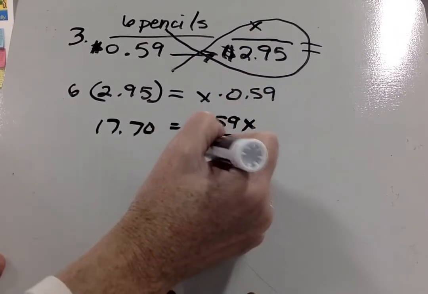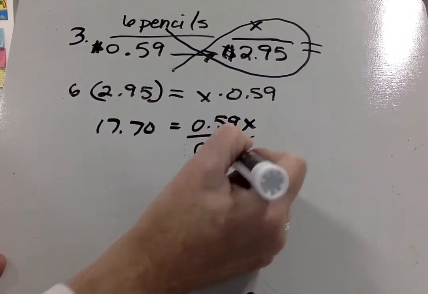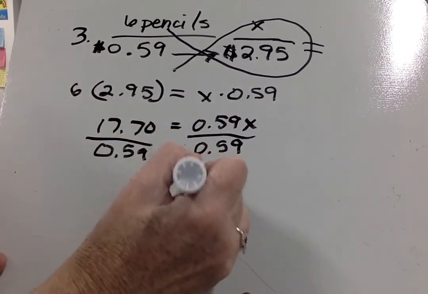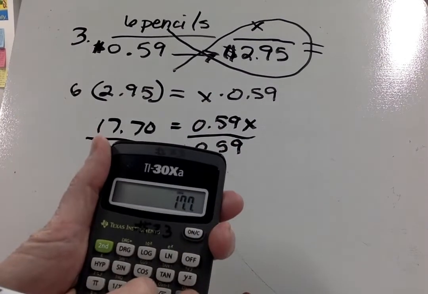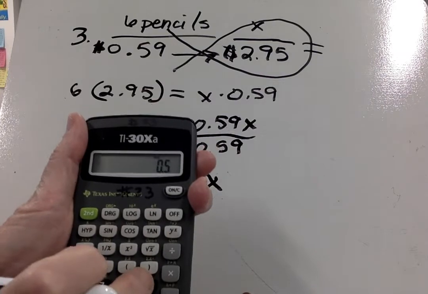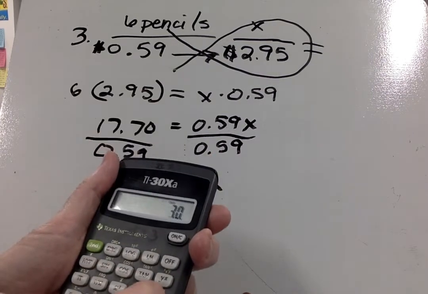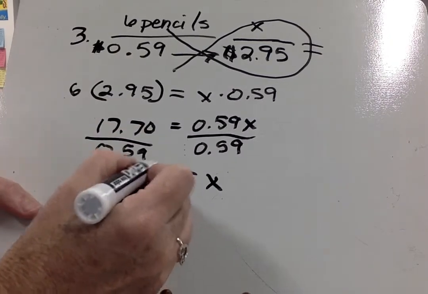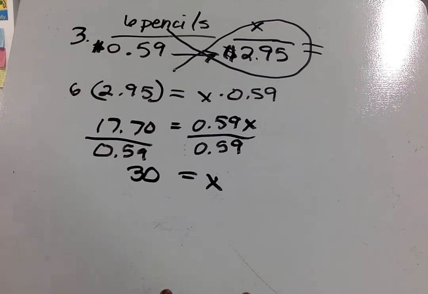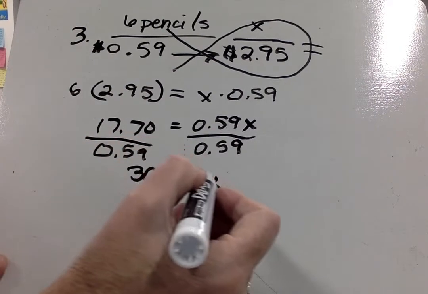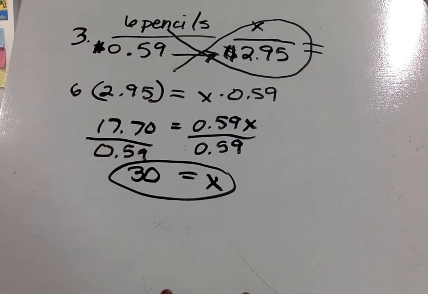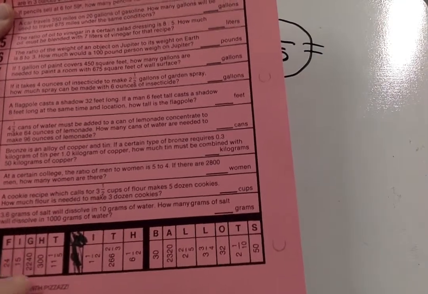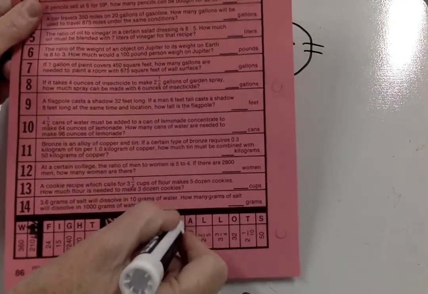Then I divide by the number in front of X. So I take that same number, divide by 0.59. Is that 30? Your calculator probably works better than this one. I don't know what's wrong with this one, but I probably need to get a new one. So your answer would be 30 pencils. And you put 30 in right here, and then we go down and we find 30 down here, and then we cross out the B.